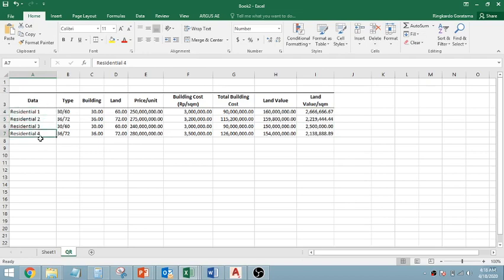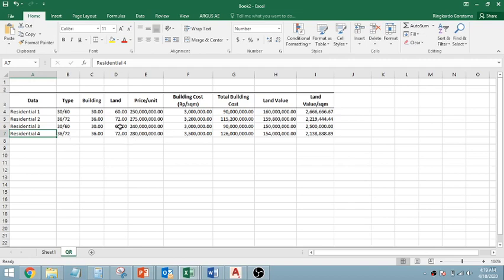So we need to create some scoring to identify how much the selling price for the subject property would be.